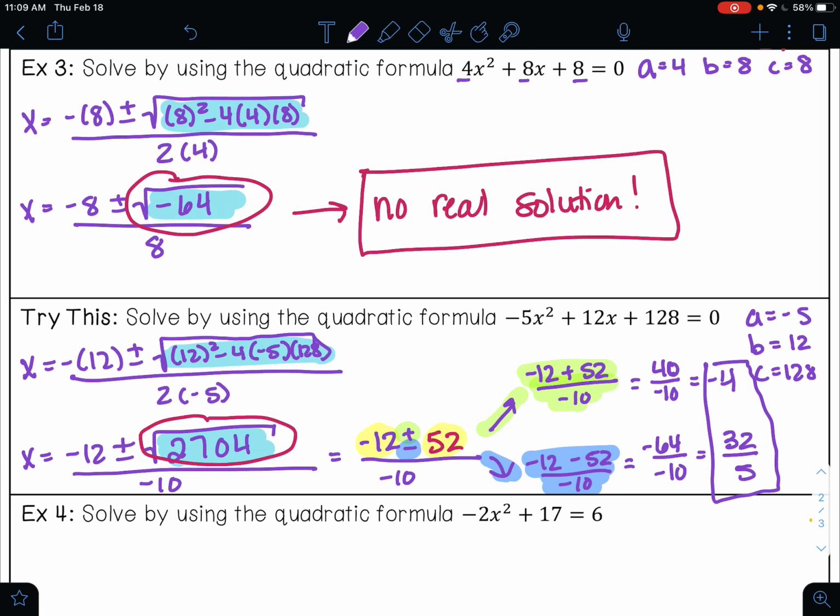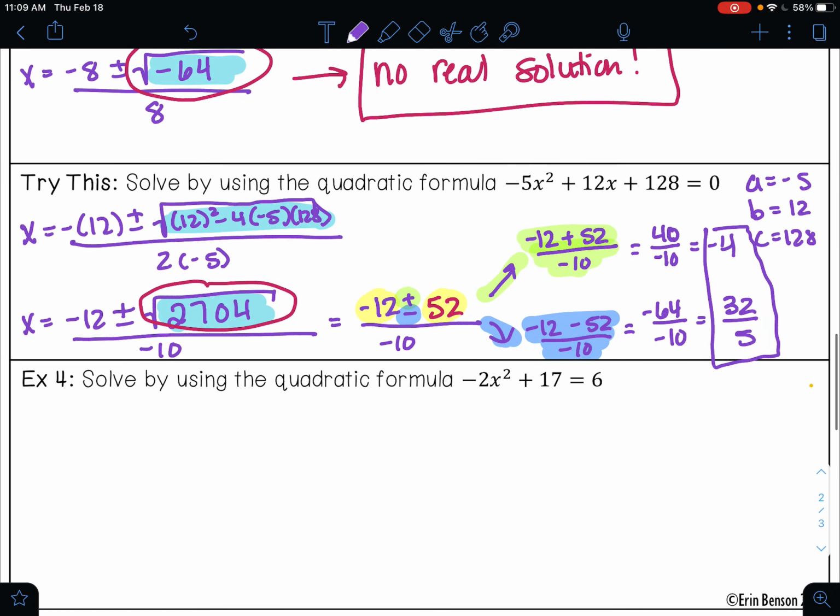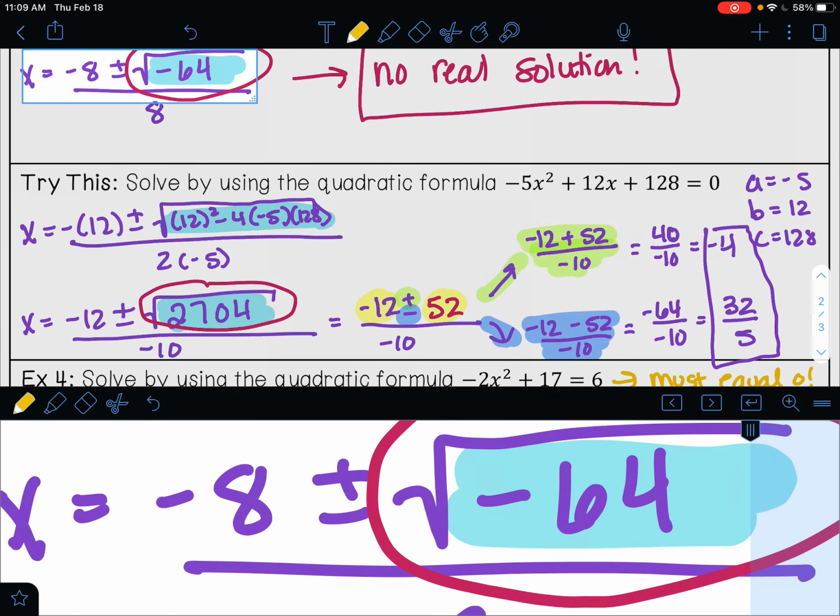Let's go ahead and look at example 4, which is our last example. The first thing that I notice with example 4 is that -2x squared plus 17 equals 6 is not in standard form. And that's because it must equal 0. And so to make it equal 0, I'm going to subtract 6 on both sides.